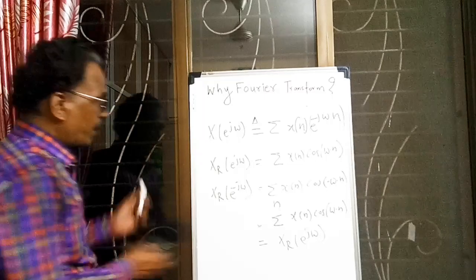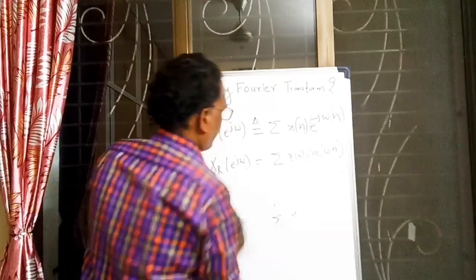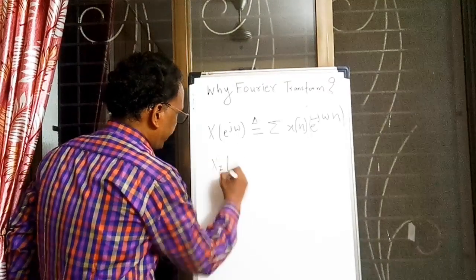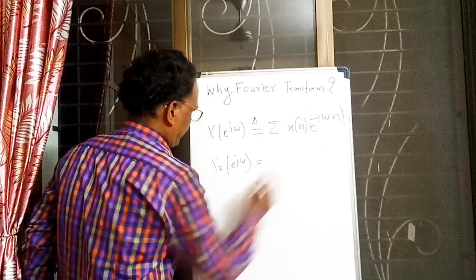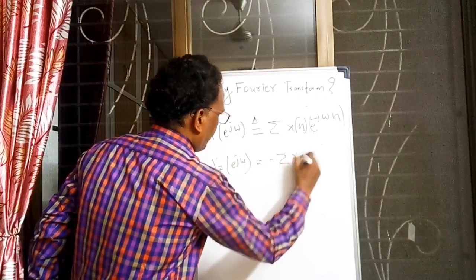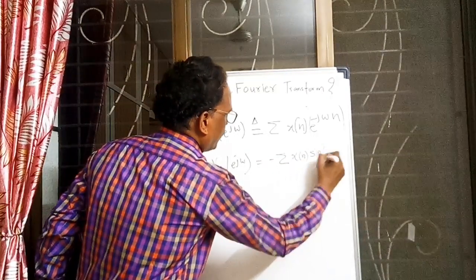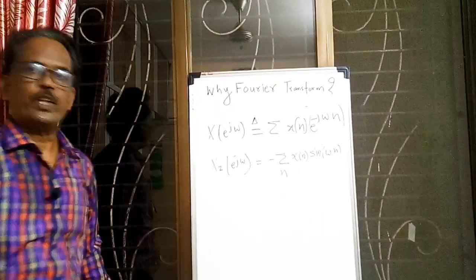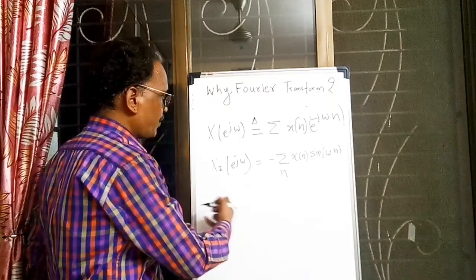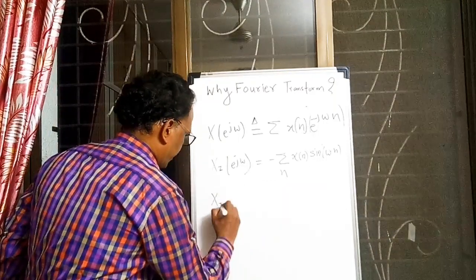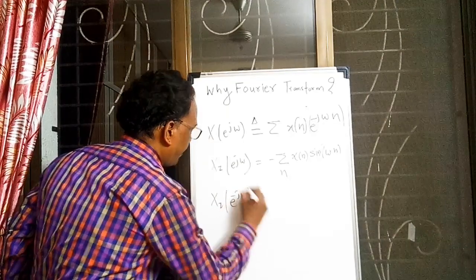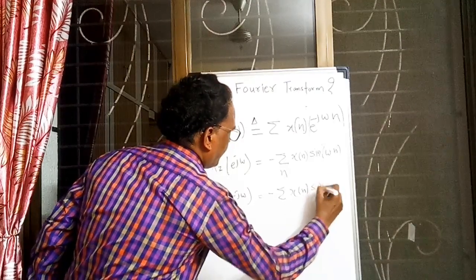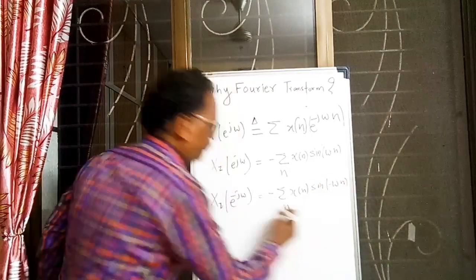Let us see what about the imaginary part of the Fourier transform. The imaginary part, which we already calculated, is equal to summation x of n sine of omega n for all n. Here also let us replace omega by minus omega on both sides. By replacing omega by minus omega, we get summation x of n sine of minus omega n.